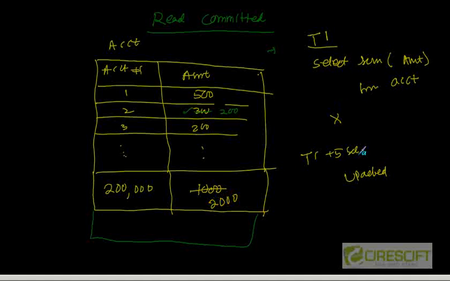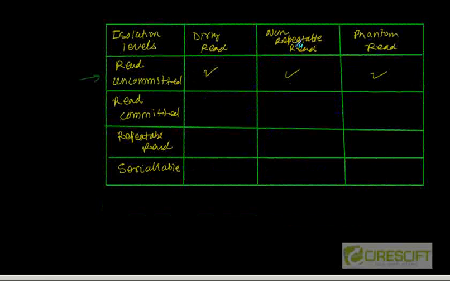And if I run this query, select some amount from account, then I'm going to get a different result because this is updated to 1000 plus 1000. So that is a non-repeatable read.